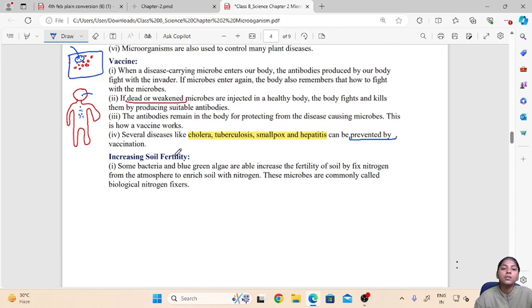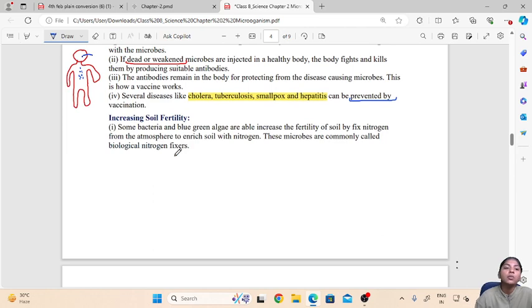As we have already learnt in lower classes, some plants, the leguminous plants, have root nodules in which these microorganisms are present, or some of these microorganisms also live freely in the soil.